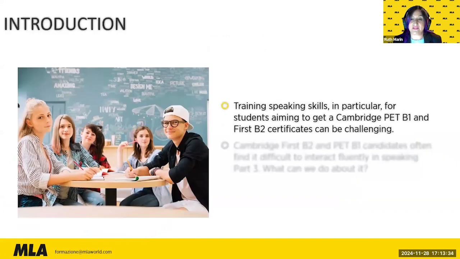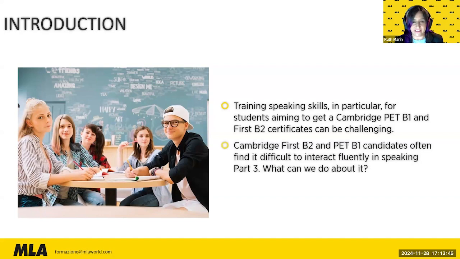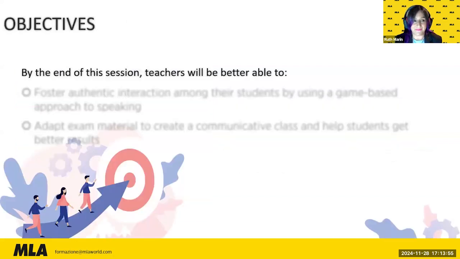Training speaking skills, in particular for students who want to succeed in the Cambridge PET B1 and First B2 exams, can be rather challenging, and they often find it difficult to interact fluently in speaking part 3. So here we are to explore what we can do about it.